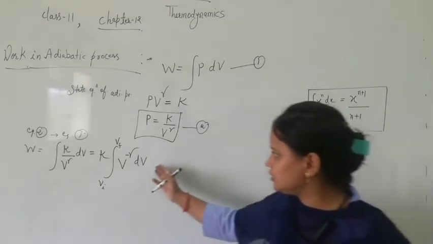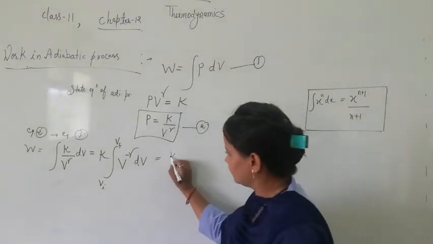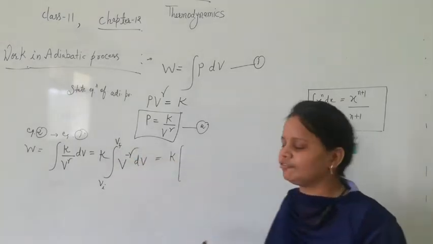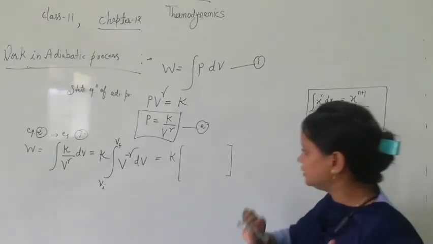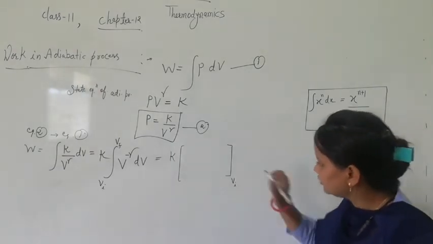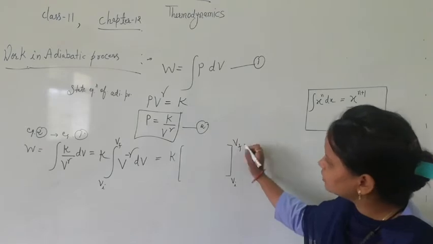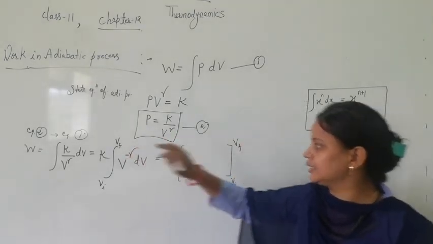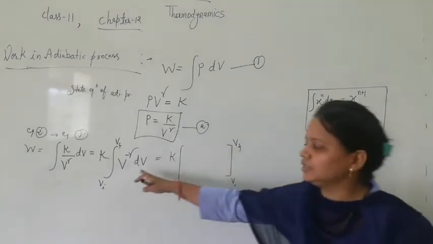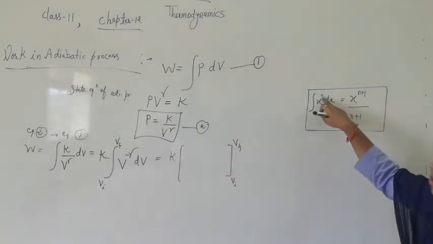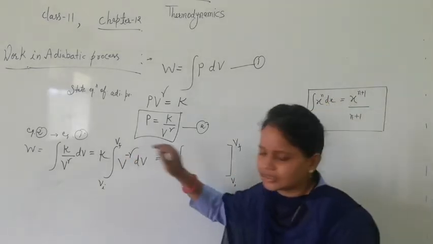We can apply it here. The limits of integration can be shifted into a bracket with the lower limit and upper limit. Then V raised to the power minus gamma. When we compare these two formulas, in place of small n, here is minus gamma.